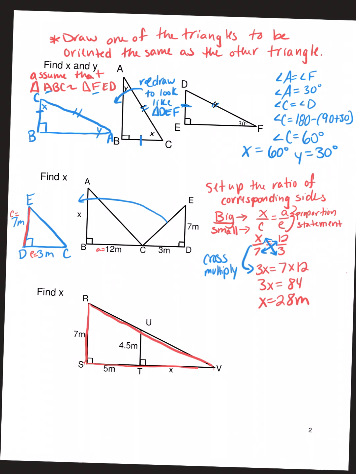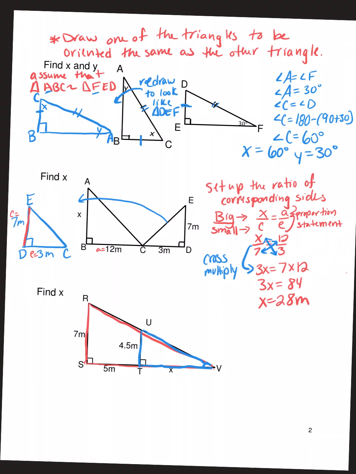And then we also have this tiny triangle inside of that. We have triangle U, T, and V. Okay, because we have a triangle within a triangle, we can also assume similarity here because we know the 90-degree angle will be the same. And we also know this angle is going to be the same for both the big and the small triangle. So that would mean the third angle would have to be the same.